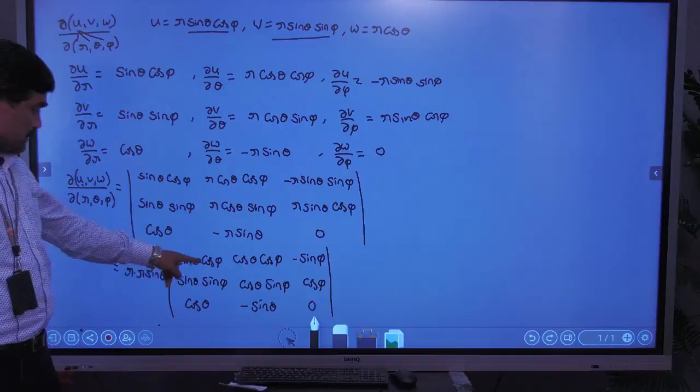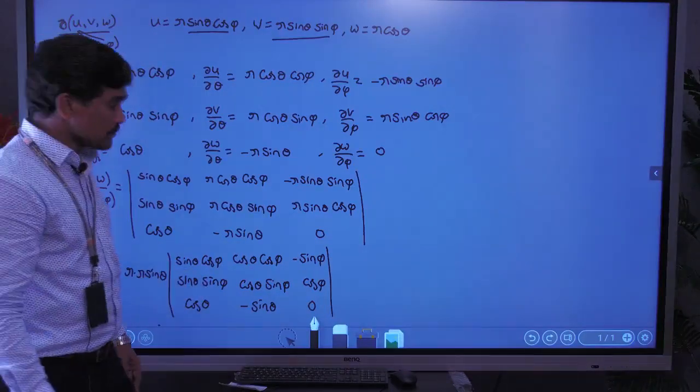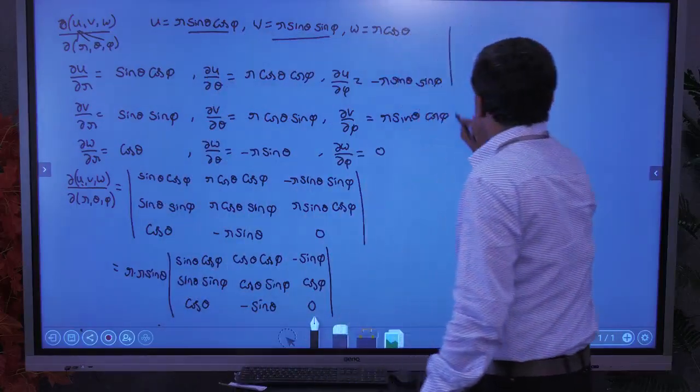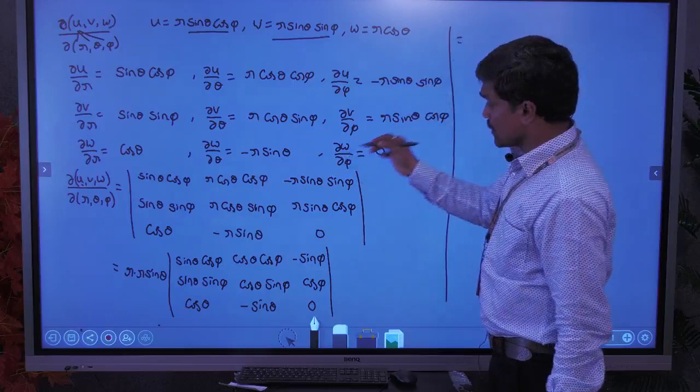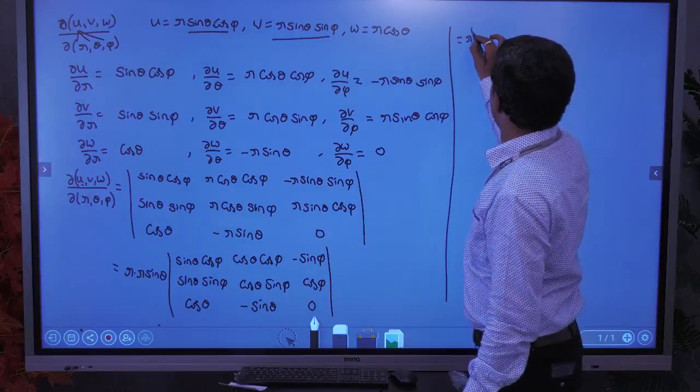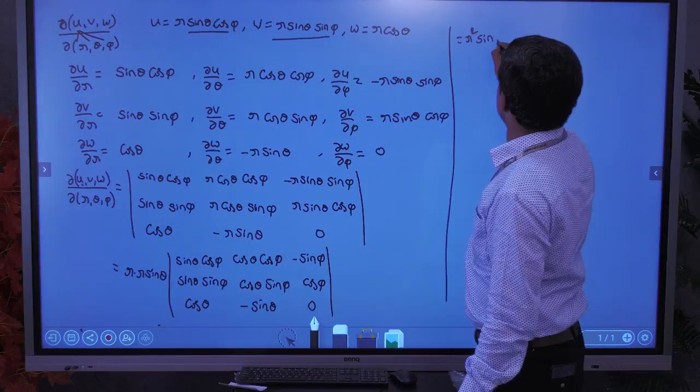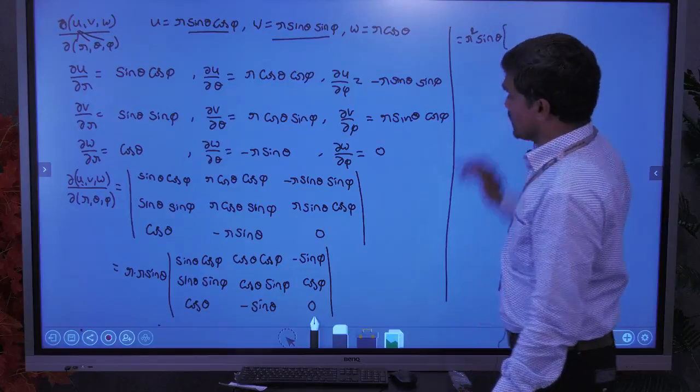Now calculate the determinant of this value. So here r sin theta, that is r square sin theta.